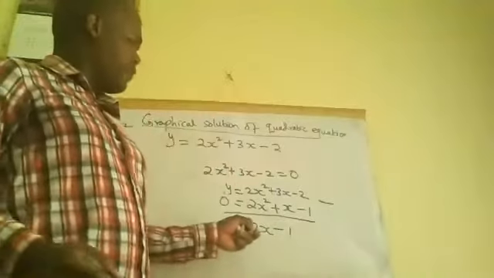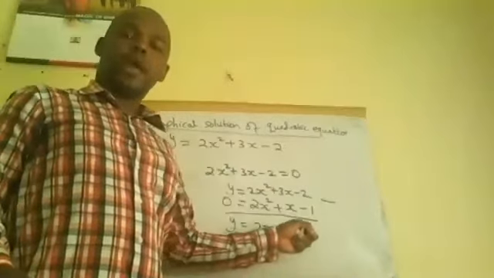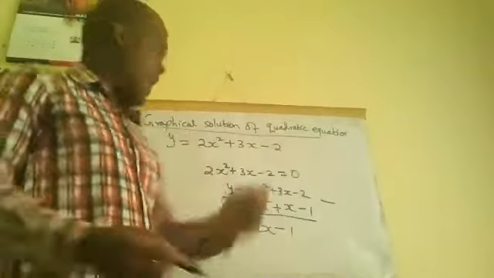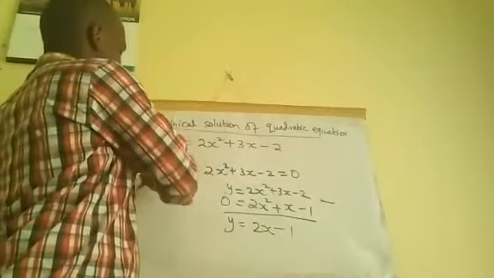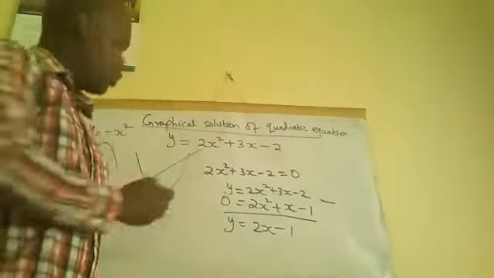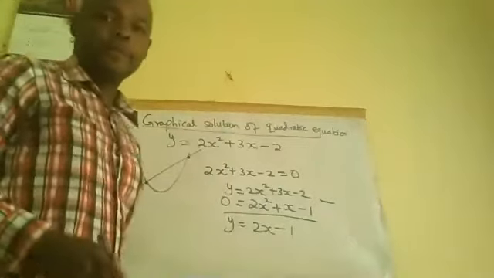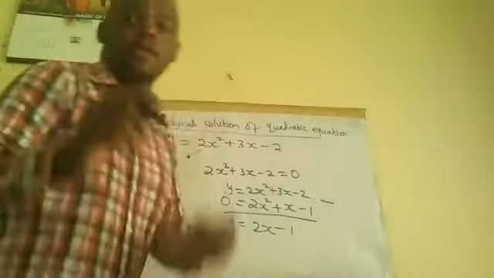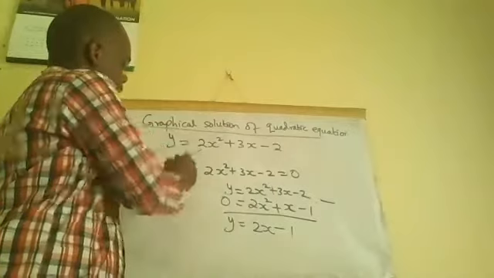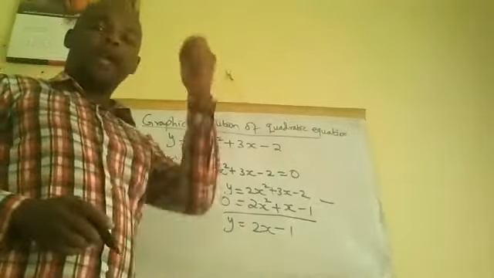So what do you do? You will draw the line y equals 2x minus 1. Then, where the line cuts the curve, that is the solution. So you'll read the values of x. Make sure that the line is labeled. Label the line and make sure you get the values of x where the line cuts the curve.